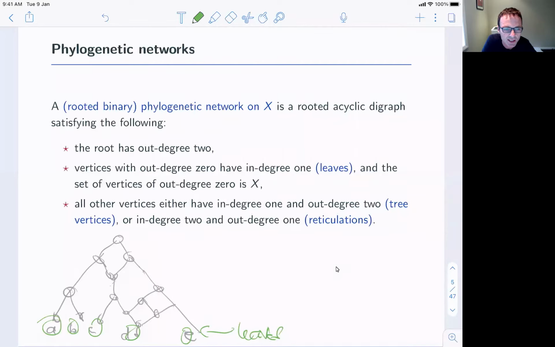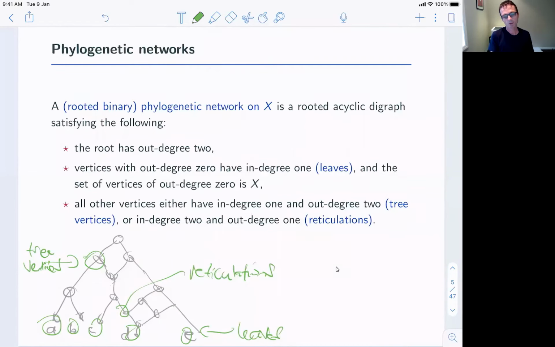We have tree vertices, which are the vertices of in-degree 1 and out-degree 2, and they correspond to speciation events, if you like. And we have reticulations, which correspond to vertices of in-degree 2 and out-degree 1.